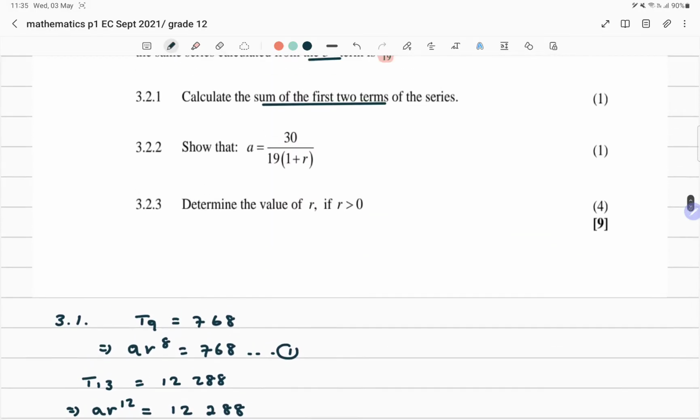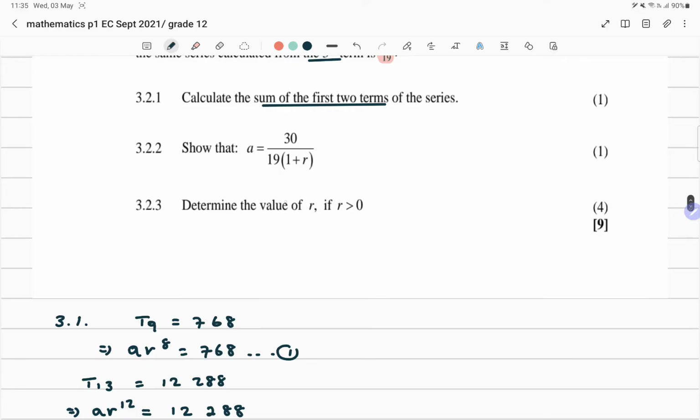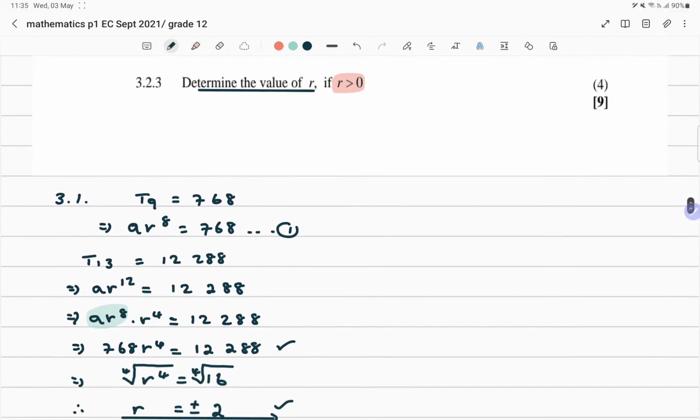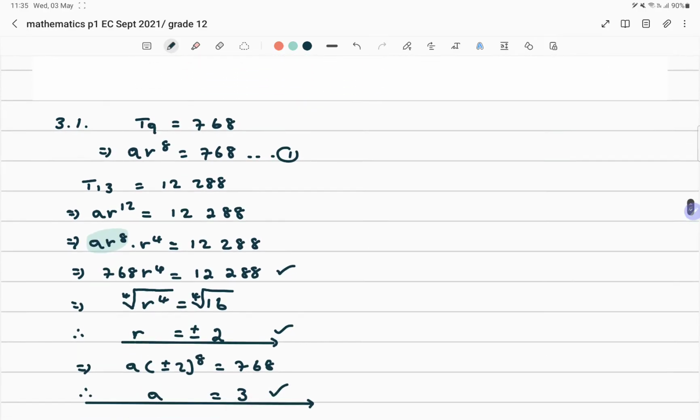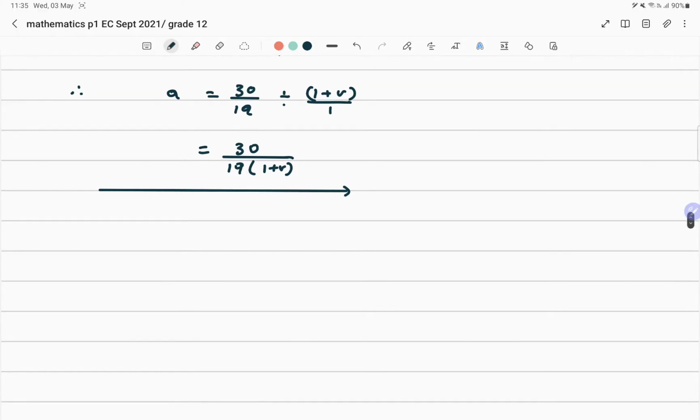Anyway, let's move on. Now it says determine the value of r, if r is greater than 0. So you see they're giving us the condition because we might find ourselves with multiple values of r, and then we need to make a selection.